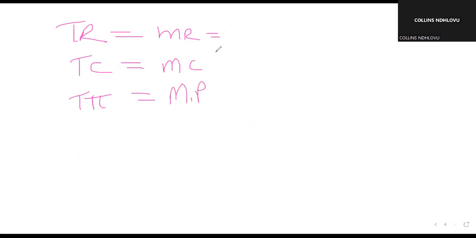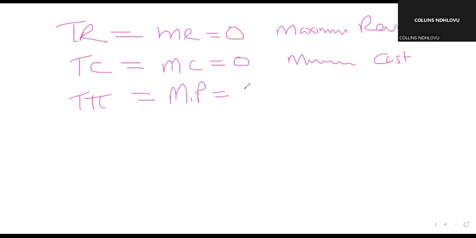And when we equate these to 0, we are optimizing. So marginal revenue, when we get it to 0, what are we doing? Finding the maximum revenue. Marginal cost, when we equate it to 0, we're finding the minimum cost. Marginal profit, when we get to 0, we're finding the maximum what? Profit. These are key important principles that you need to know.